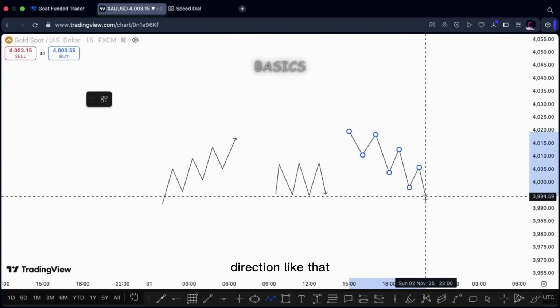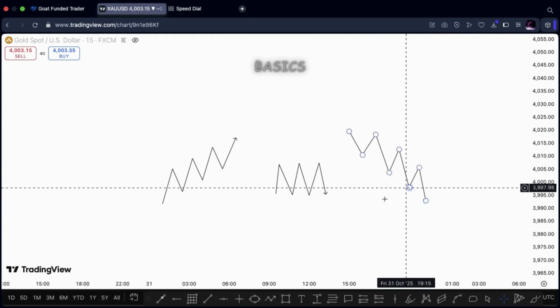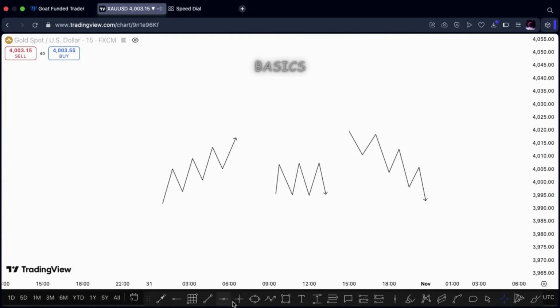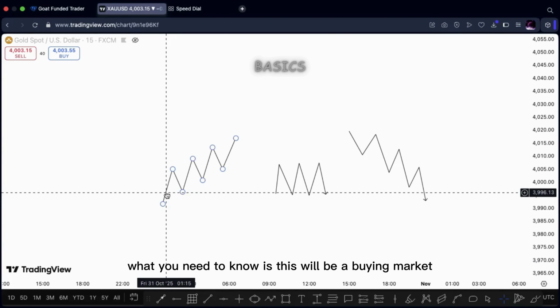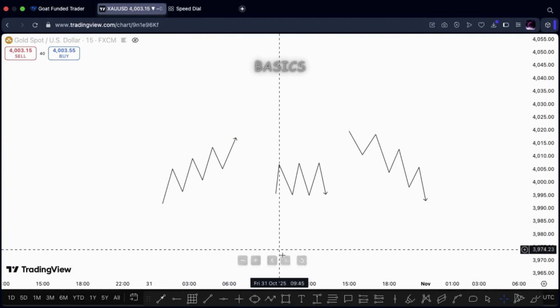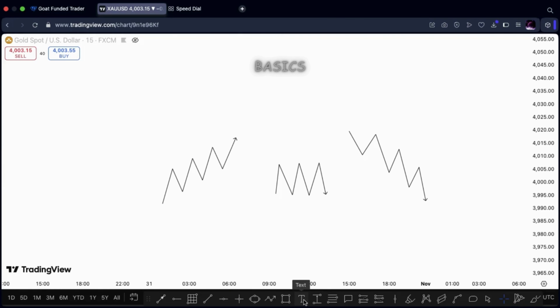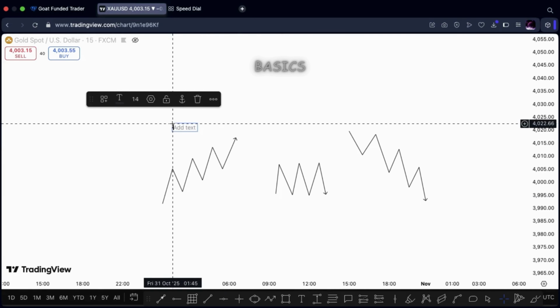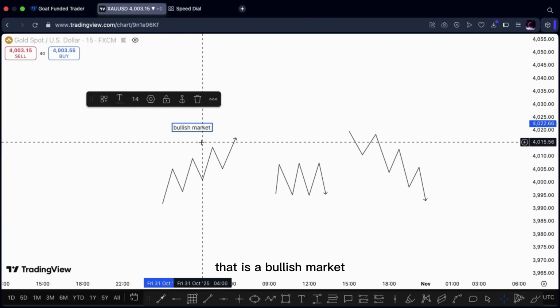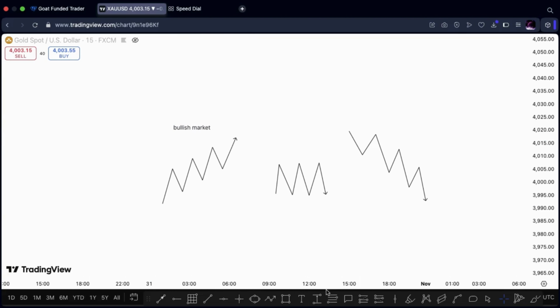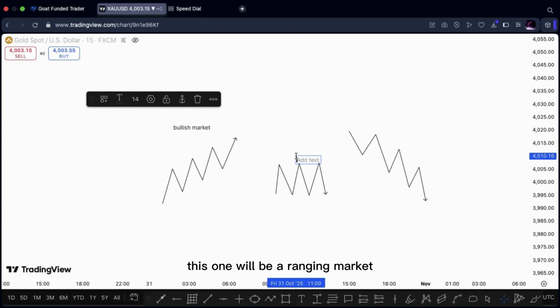direction, like that. So what you need to know is, this will be a buying market. That is a bullish market. This one will be a ranging market.